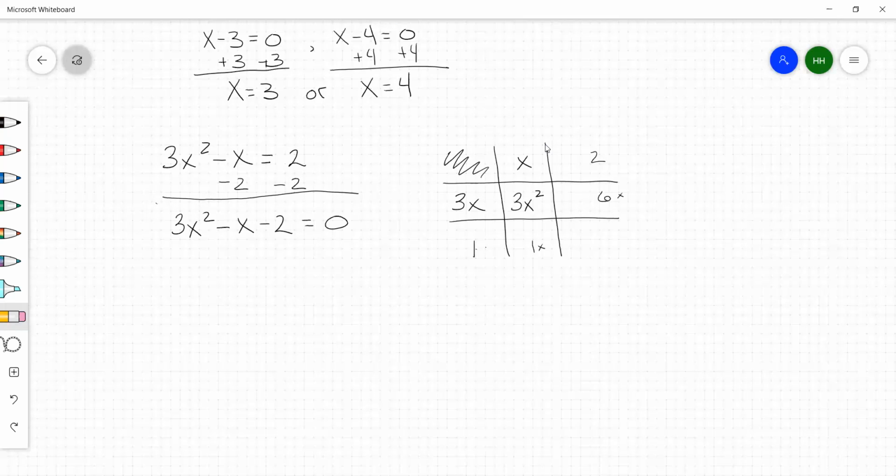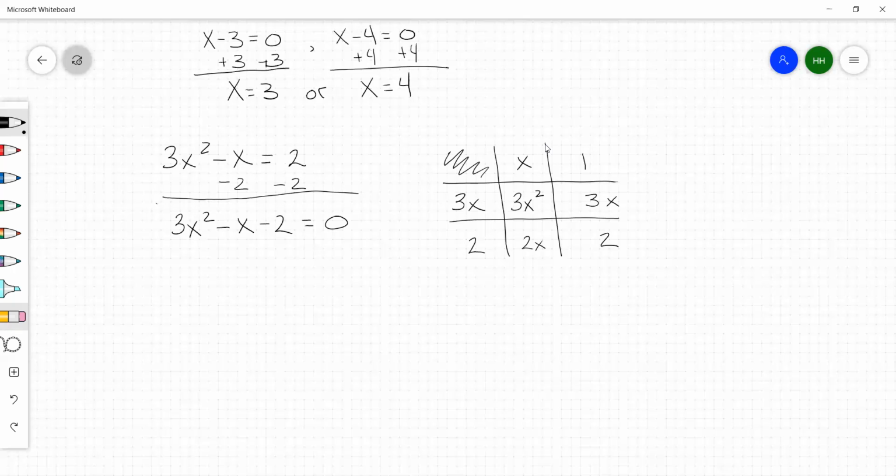So let's try the 1 up here and the 2 here. So now our 3x times 1 is 3x. Our x times the 2 is 2x. And our 2 times the 1 is the 2.